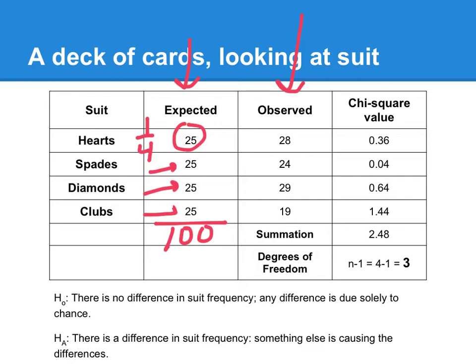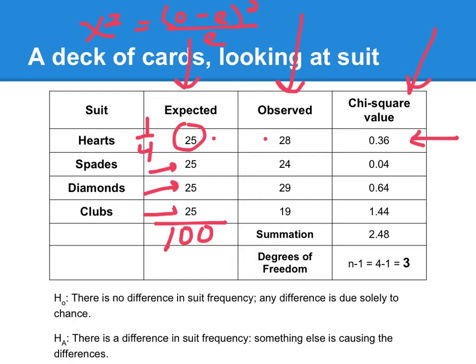Now what I've done here is I've calculated what we call the chi-square value. I took the equation from the previous slide. I'm going to rewrite it. The chi-square equals observed minus expected, squared, over expected. I've taken, for example, observed 28 minus 25 squared, so that's 9. 9 divided by 25 is 0.36.